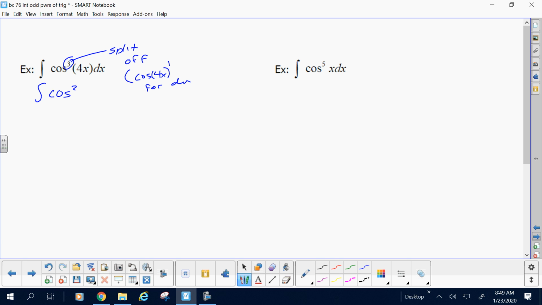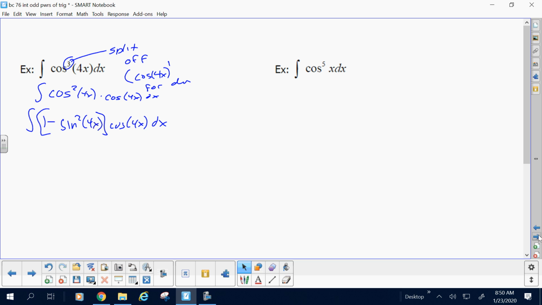So we have cosine squared of 4x times cosine of 4x. I think you'll agree that that is sound math. Cosine cubed is cosine squared times cosine. Now what do we do? It's the identity. 1 minus sine squared. It's all good as long as the argument is the same. So it's 4x. That times the cosine out there. We're good. All right.